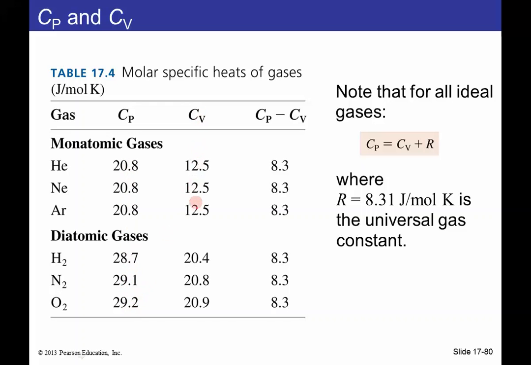These are the specific heats at constant volume. And the nice thing, notice what the quantity Cp minus Cv gives you. If you take Cp minus Cv, you get 8.3 in all cases. 8.3 is that constant that we get in the ideal gas equation, PV equals nRT. So that R, which is 8.31, is Cp minus Cv for all gases.